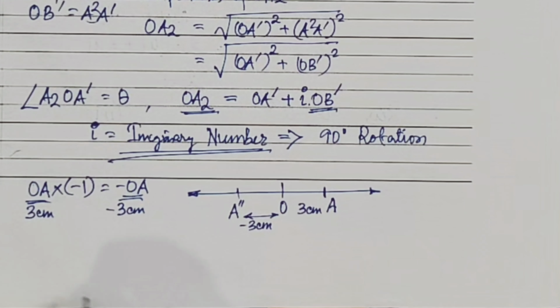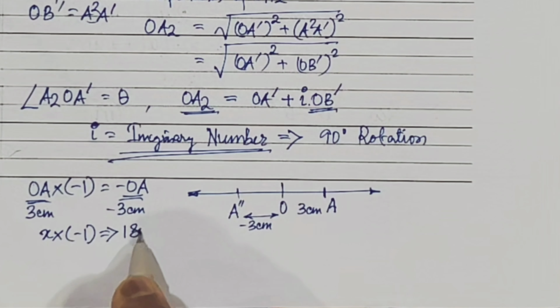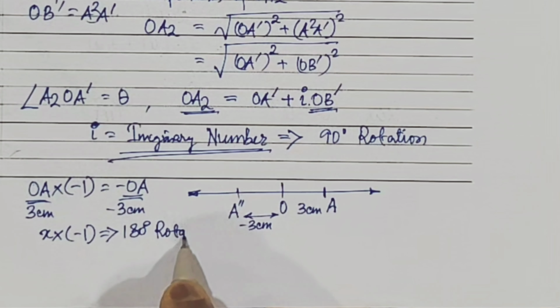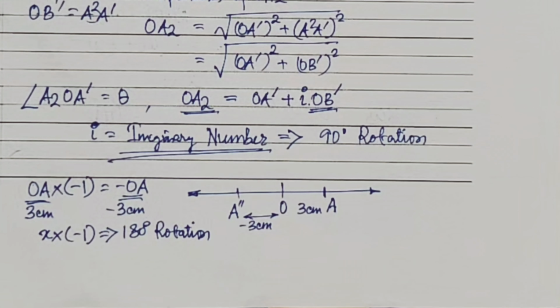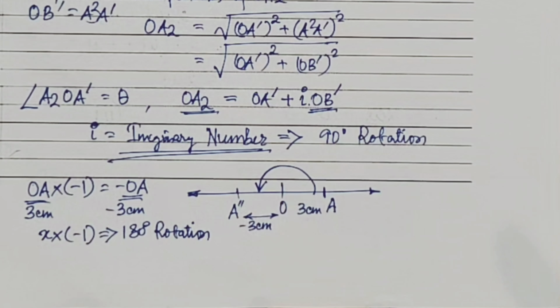That means any number, let's say x, multiplied by minus 1 is equivalent to 180 degree rotation. OA turned 180 degrees to reach OA double prime.